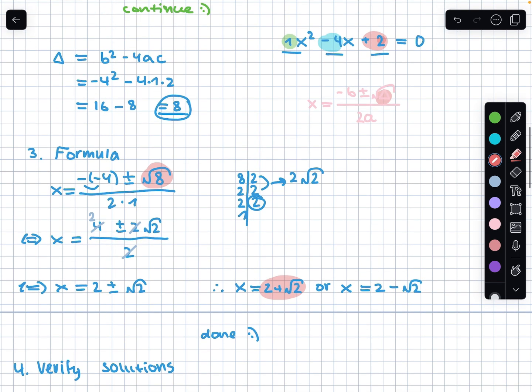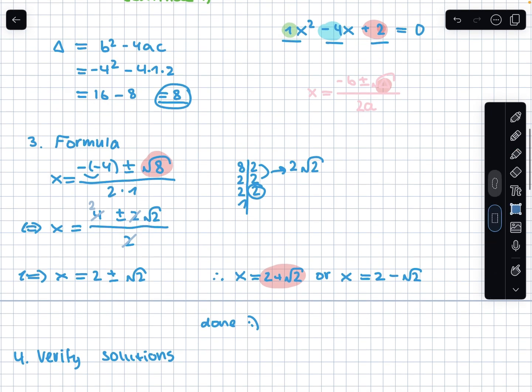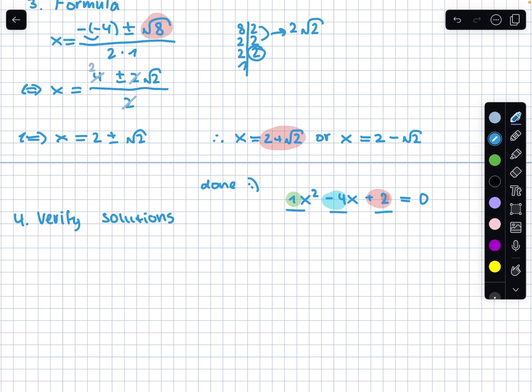So basically what you want to do is take the first expression that you're given and substitute this value for each x. So we'll have 2 plus square root of 2 squared minus 4 times 2 plus square root of 2. And finally, we'll just copy plus 2 equals to 0.